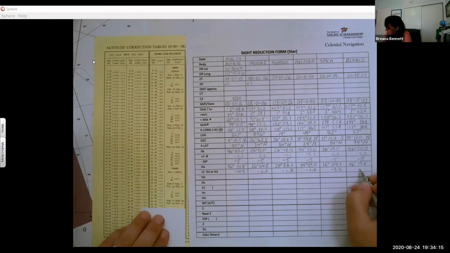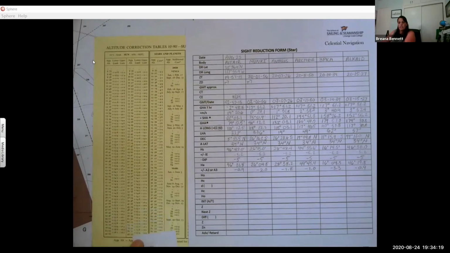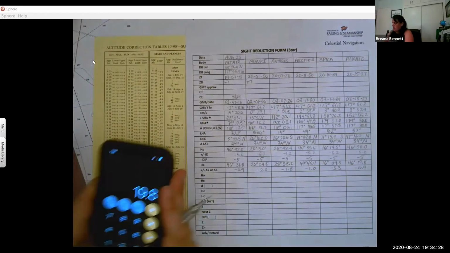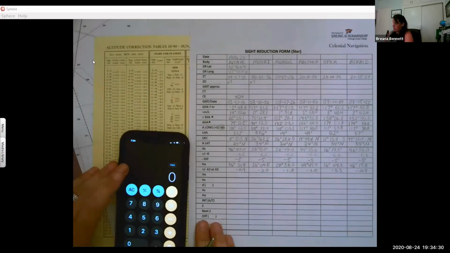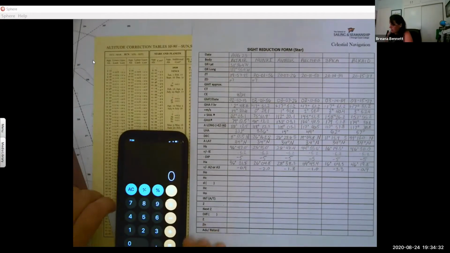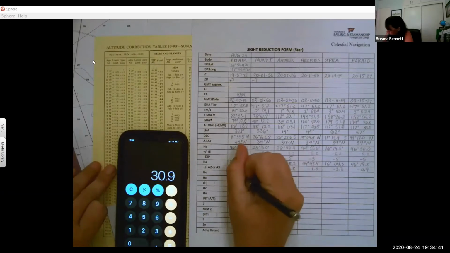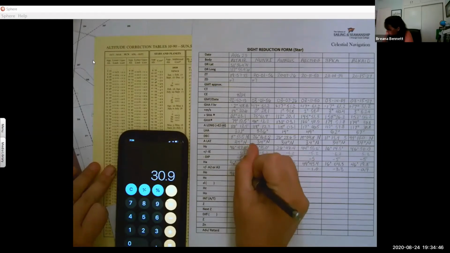4619 is minus 0.9. So I just kind of worked my way up that table and filled in my calculations. So now I can do 31.8 minus 0.9 gives me 46 degrees 30.